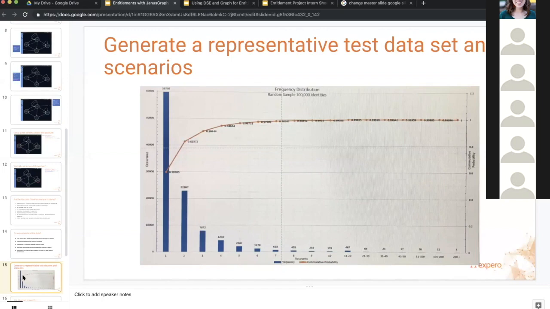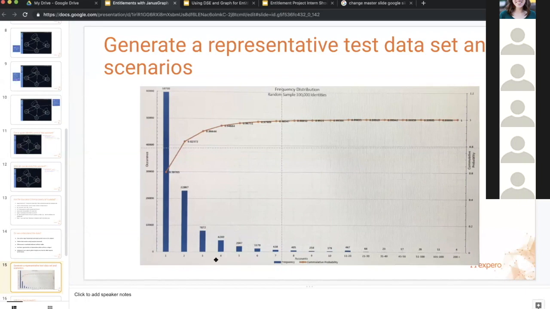traversing that graph. So if you just randomly grab things, you'll find, in this particular case, we're looking at an identity and the number of accounts that a particular identity has. And you'll see that it's a log normal distribution from left to right. And most identities have access to 4 or fewer accounts.